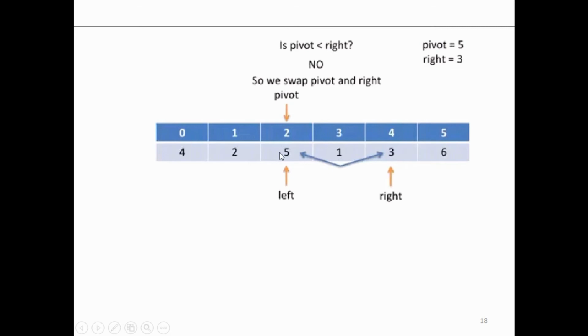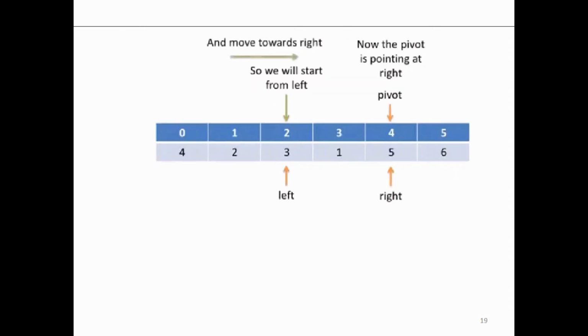Now the pivot value 5 is greater than 3, and every time the rightmost value is lesser than the pivot, we have to swap the rightmost value with the pivot. We swap 5 and 3.